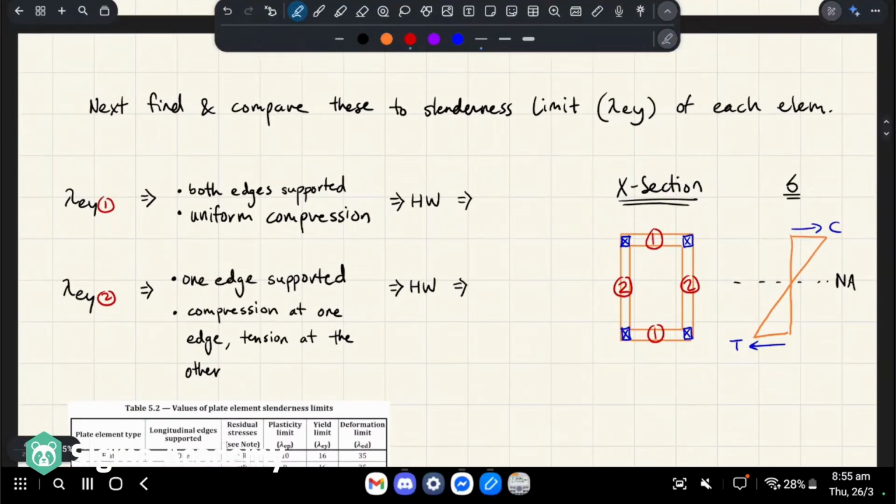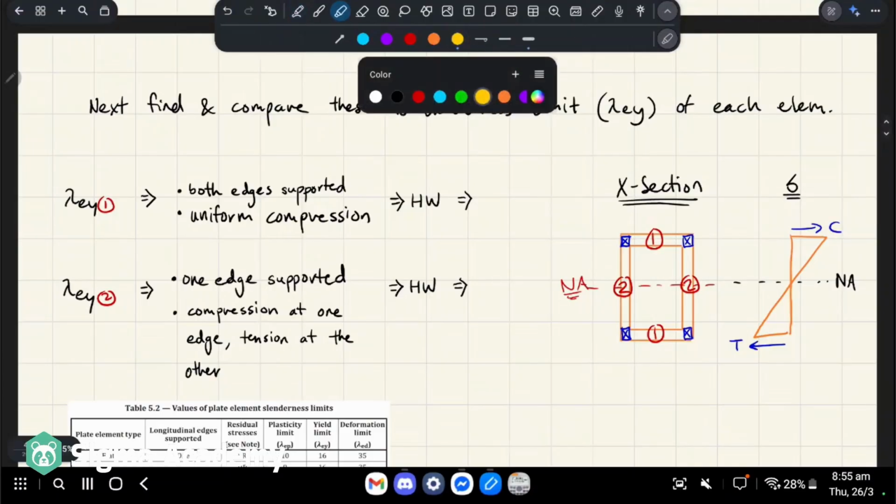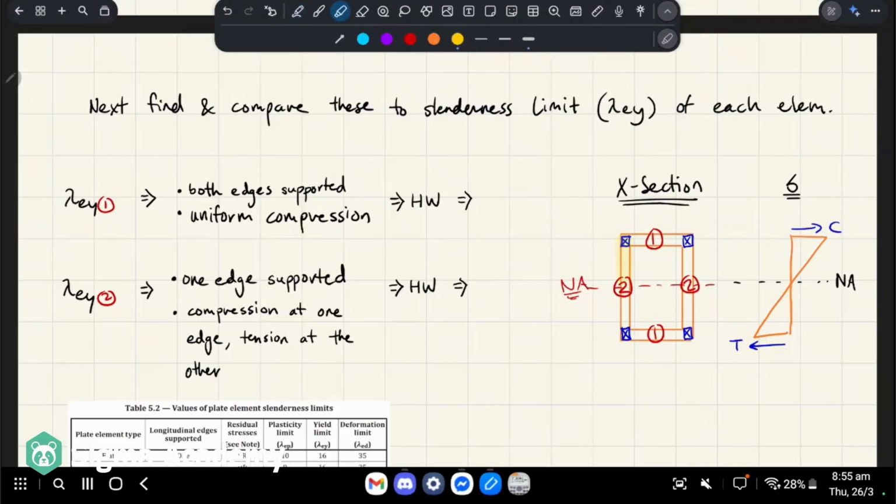So what do I mean by this? The idea is our section is bending about this neutral axis. It doesn't work quite like compression. In compression, you can pretend this section is in compression, the entire thing experiencing some compression force, like in the previous topic when we were determining this.